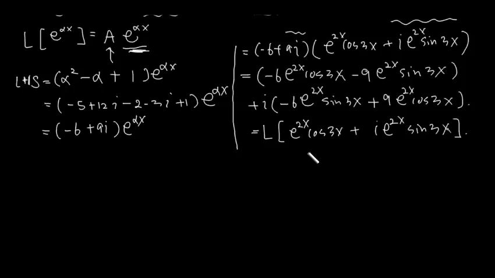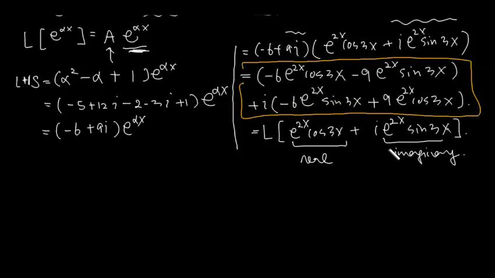If you think about it, if this is the real part and this is the imaginary part, the linearity still works. So if you compare this one with the result over here, I'm going to box it. With a little bit of complex multiplication, or complex theory, this is how it simplifies into a real part and an imaginary part.